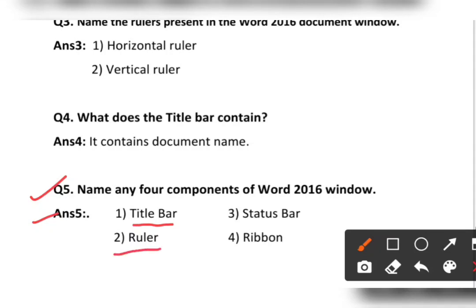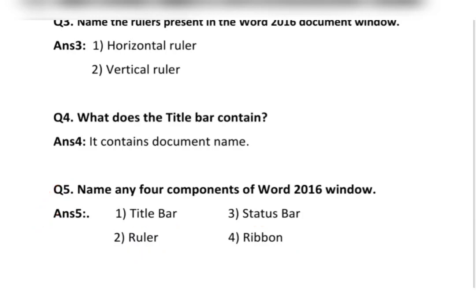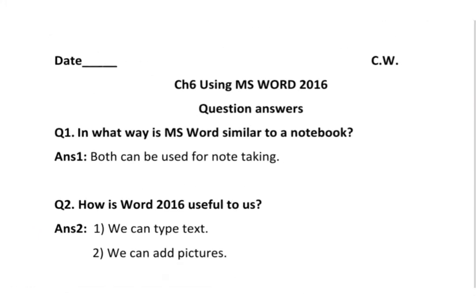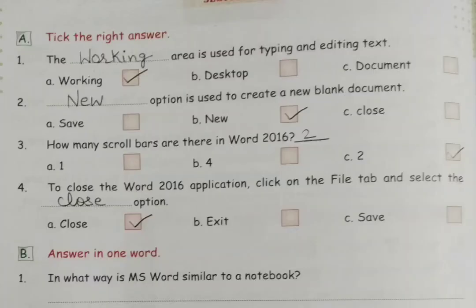Number 2 ruler, RULER. Number 3 status bar, STATUS, status bar. And the last is ribbon, RIBBON, right? So these are the question answers of your chapter number 6.